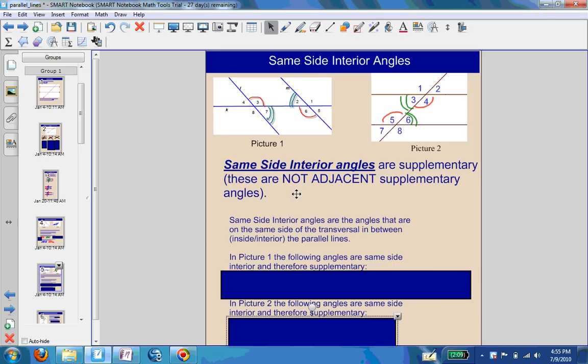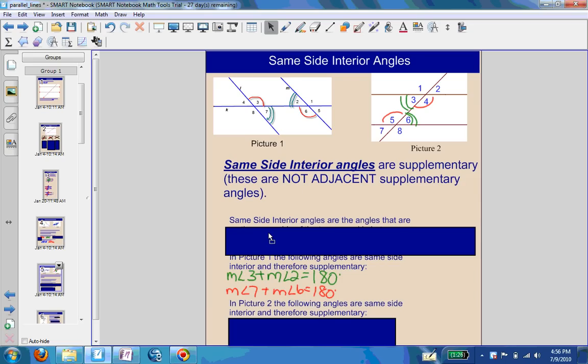And those are supplementary. Now, these are not examples of the adjacent supplementary angles I was talking about earlier. You can't just look at them and tell that they're supplementary. We're actually going to go through and kind of prove how these are supplementary. So, same side interior angles in picture 1 are, as I mentioned, 3 and 2, and they add up to 180, and 7 and 6, which would add up to 180 since they are supplementary.